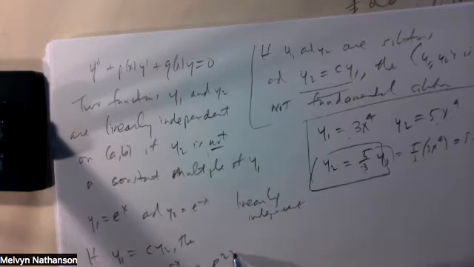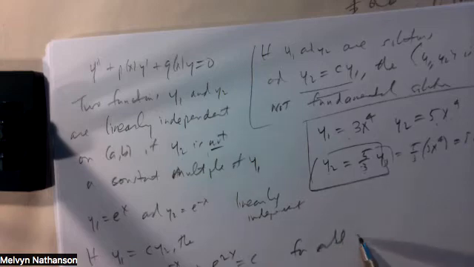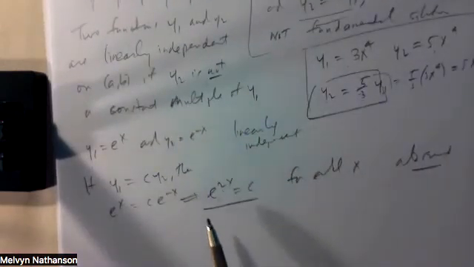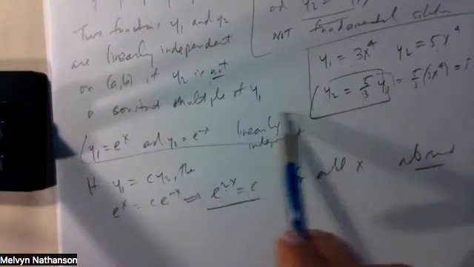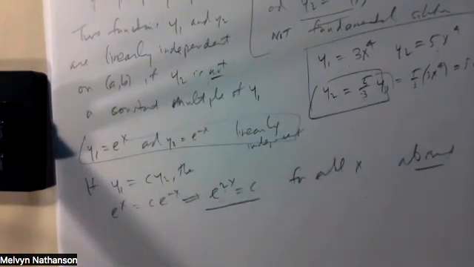That means e to the 2x equals a constant for all x. And this is absurd, right? Because this exponential function is not a constant. So these two functions are linearly independent.